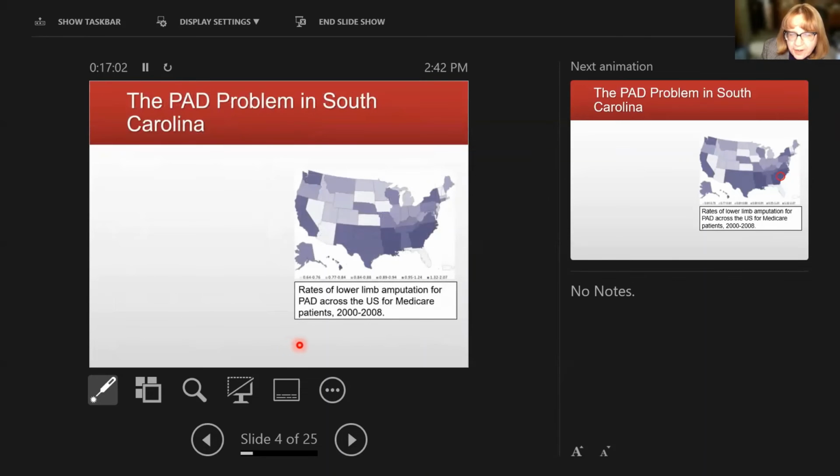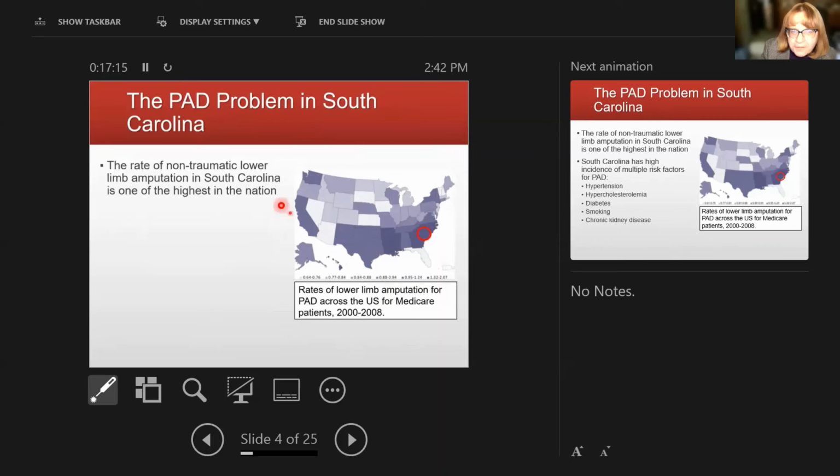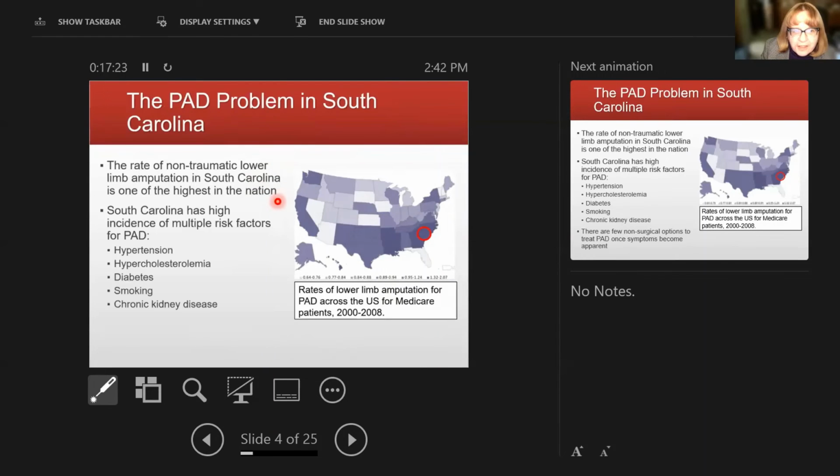So why do we care about peripheral arterial disease? Well, in the state of South Carolina, this is a huge issue. In fact, our state has among the highest rates of non-traumatic lower limb amputation of anywhere in the country. It's well above the national average.